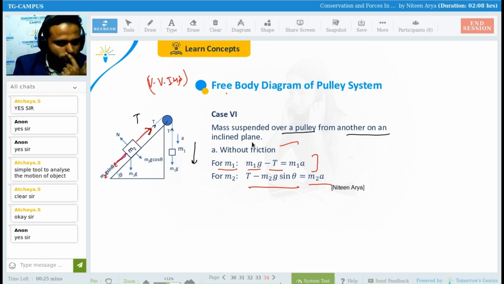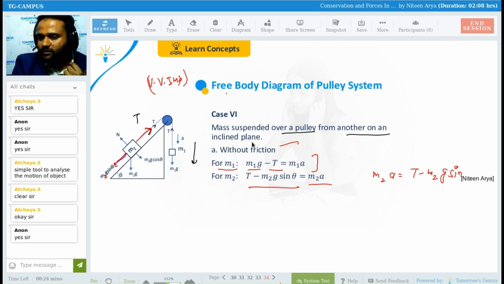So the net force on this mass is tension minus m2g sine theta, which is m2a. And for m1, the net force m1a is m1g minus tension T. Clear?